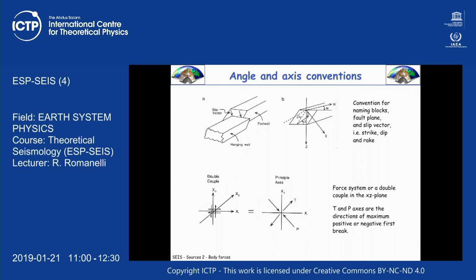But another possible description, instead of U and n or a double couple, is to use T, P, and B, which is coming out from the screen. These are the three principal axes. One word, waiting for the lecture of Wednesday, when we're going to describe a very simple thing called the focal mechanism, the beach balls, actually.